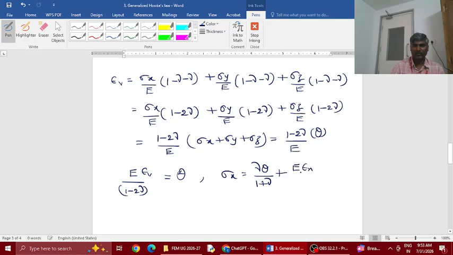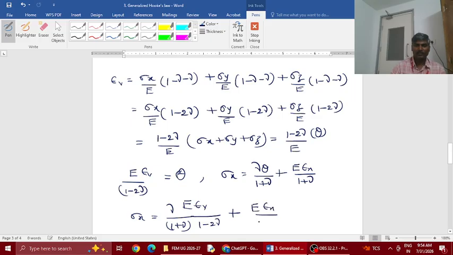So substituting this theta in this expression, nu by 1 plus nu is already there, E epsilon v divided by 1 minus 2 nu into this theta, we have got substituted, plus the other expression needs to be written as it is.